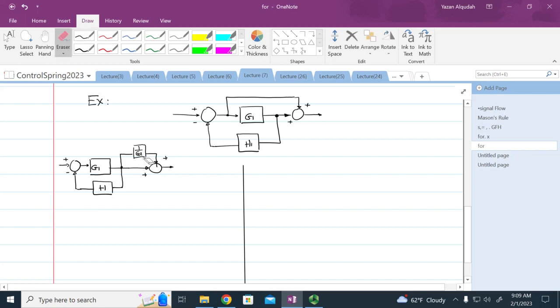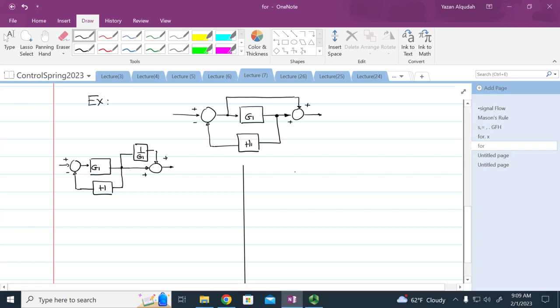One over G1. Okay, so moving it, this did not get multiplied by G1, so moving it will multiply by G1.